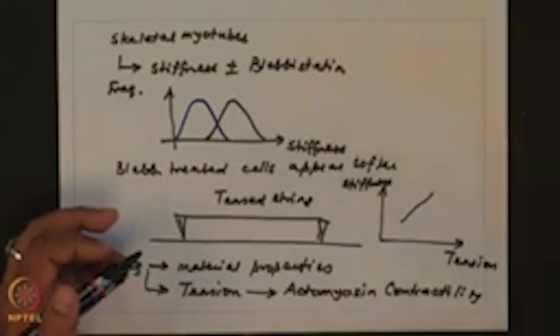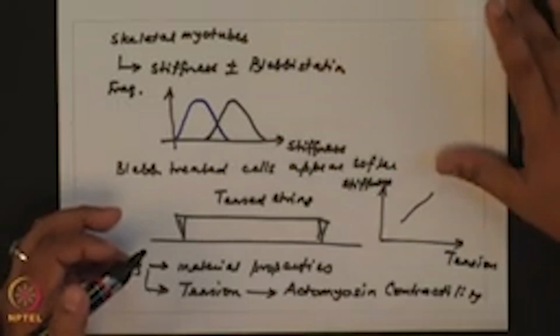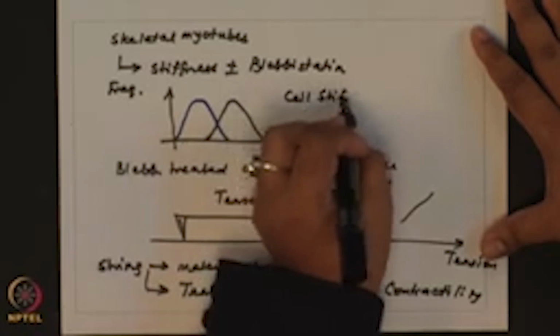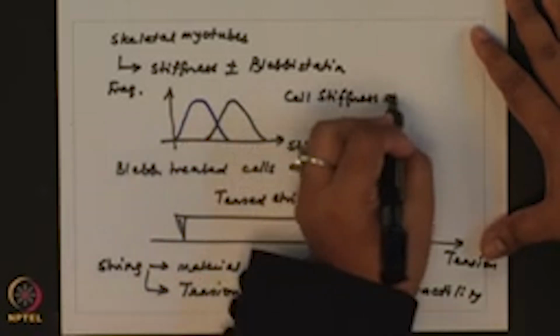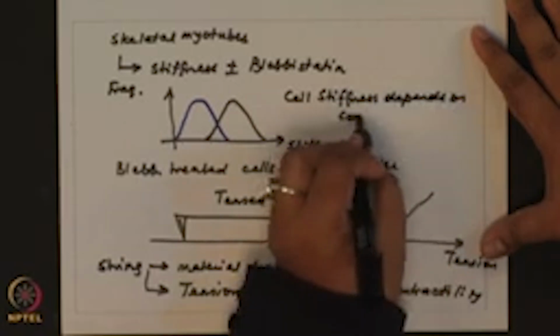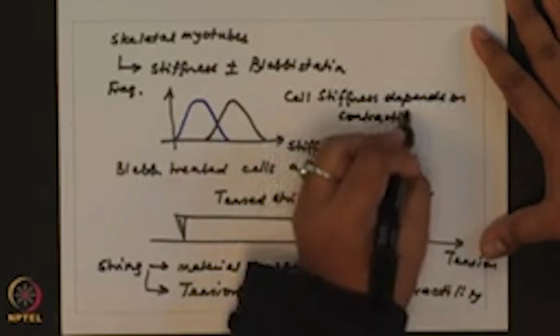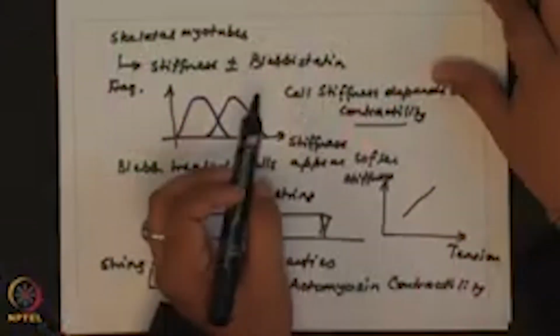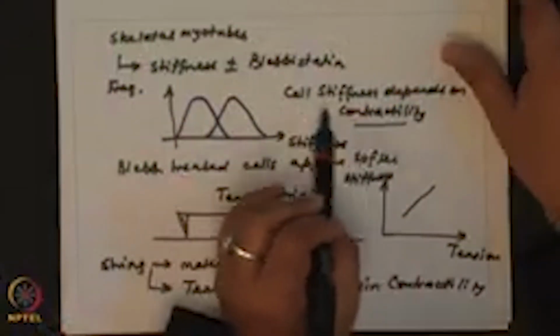In other words, the string appears to be stiffer. So this tells you that cell stiffness depends on contractility.